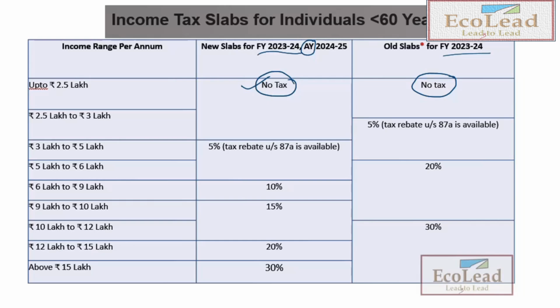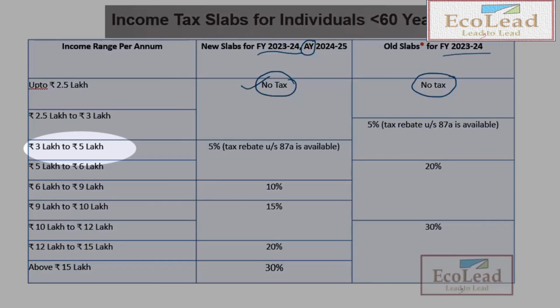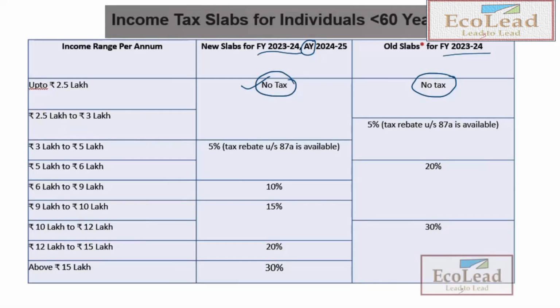Now if we move forward from 3 lakh rupees to 5 lakh, 5% of tax is to be paid, but if we file the return, the person can get that tax amount back.